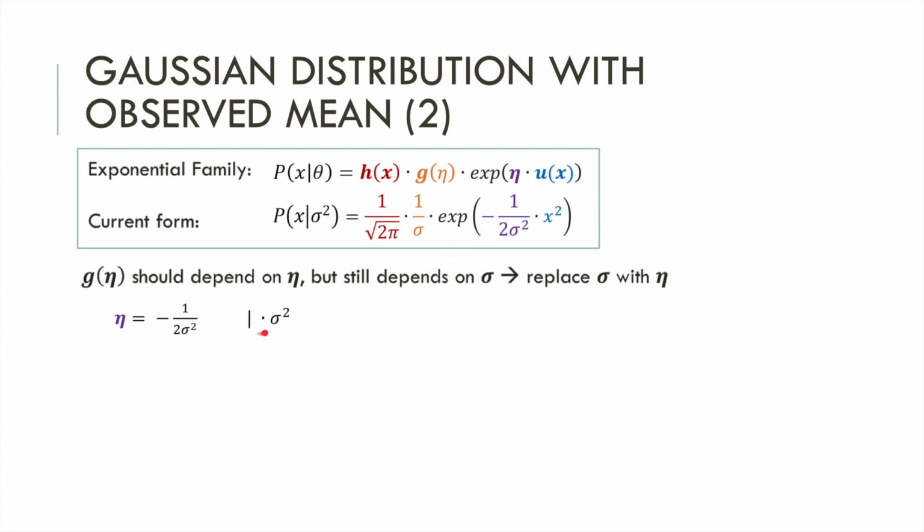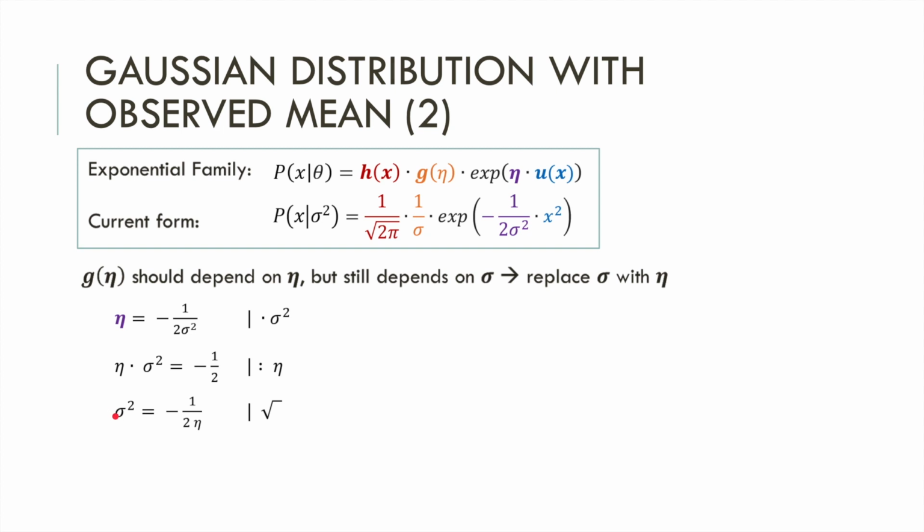So now we multiply with sigma squared, and that obviously gets us to eta times sigma squared equals negative 1 over 2. Now we want sigma squared by its own, so we divide by eta. This is what we get. Now we want to take the root, because we only want sigma.